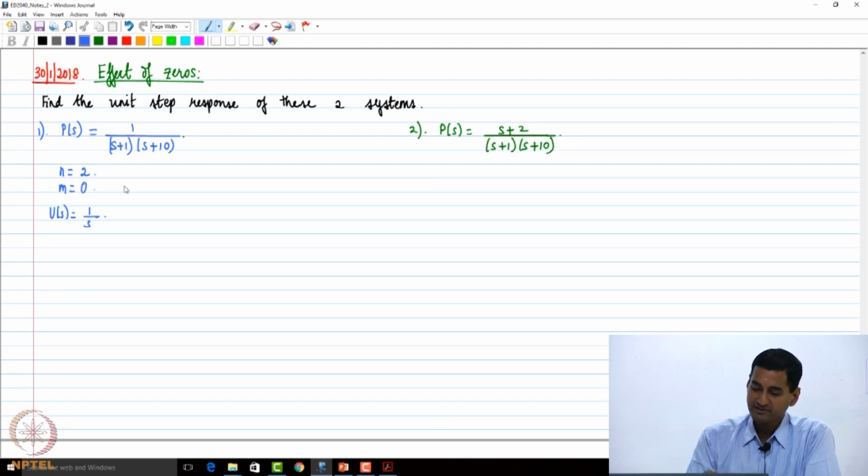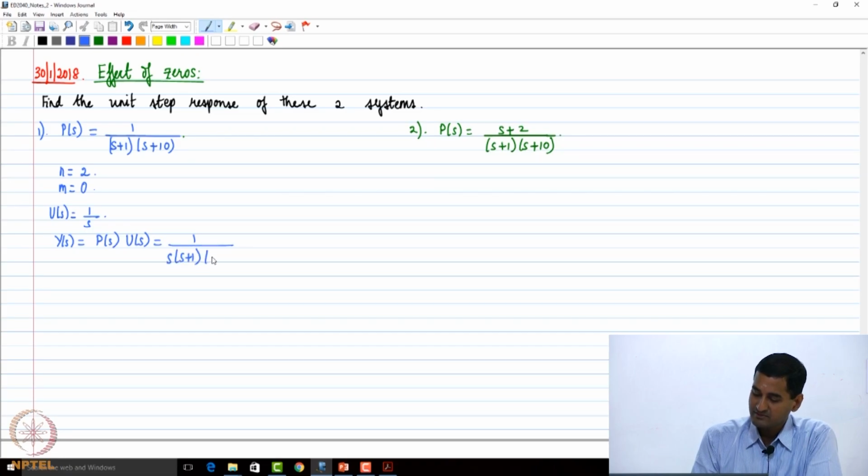Let's say I want to figure out the unit step response, so U(s) is 1 by s. What happens to Y(s)? It becomes P(s) times U(s). So I get it as 1 divided by s times (s plus 1) times (s plus 10). This is going to be A by s plus B by (s plus 1) plus C divided by (s plus 10).